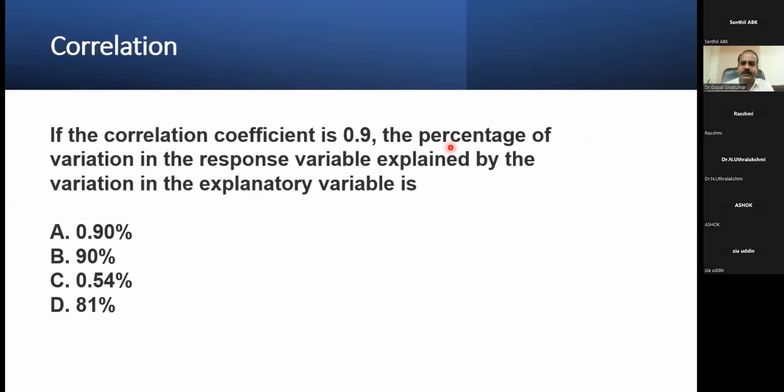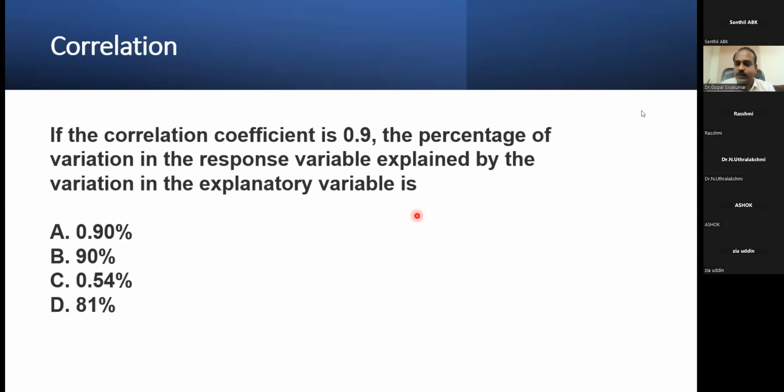Okay. Now we have only 3 more slides. Let us complete and then we can wind up. If the correlation coefficient is 0.9, what is the percentage of variation in the response variable explained by the variation in the explanatory variable?